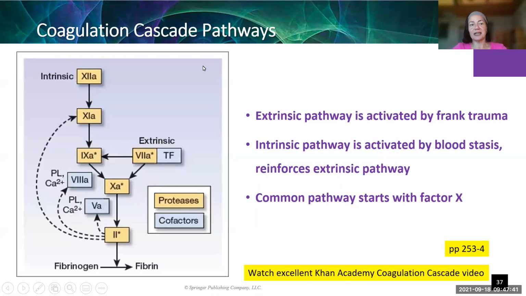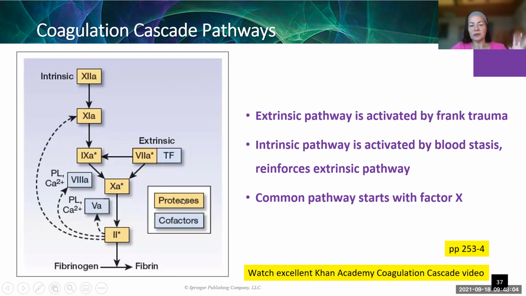All right, so here's the cascade. This is our textbook's version of this cascade. So down here, even though it's not shown, fibrin is factor 1. Fibrin's factor 1, thrombin is factor 2. And then you keep going back through these Roman numerals.